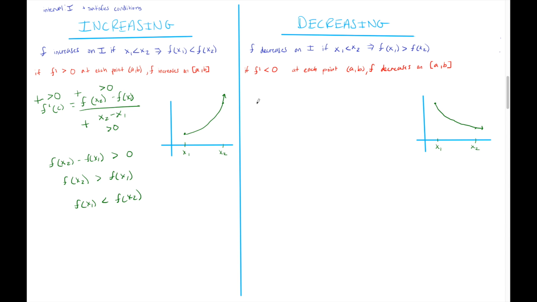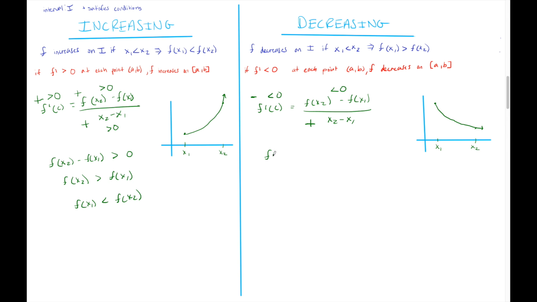Same principle follows here, though this time it's kind of the opposite. If f prime c equals the average rate of change between the 2 points, this time we want the derivative to be negative, so it must be less than 0. Now we know the bottom will still always be positive because x2 is greater than x1. So the only way we'd have a negative derivative is if our top is also less than 0.